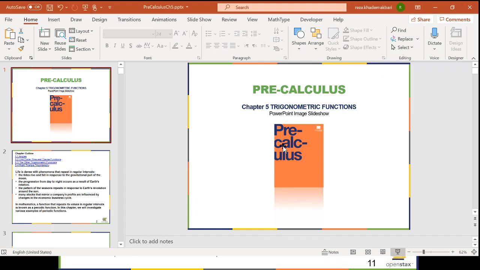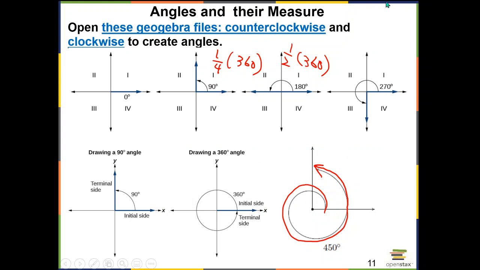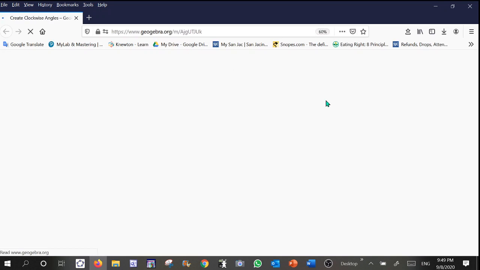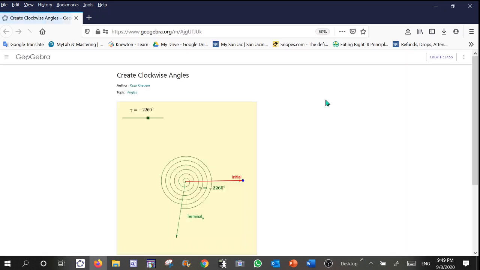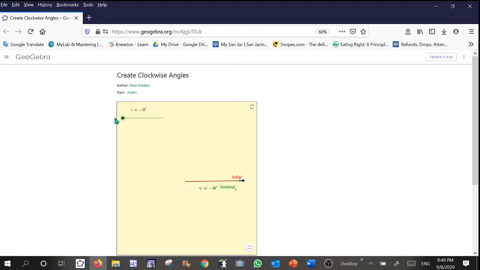We could also do it the other way around. Could also do it this way. And these are negative angles. There you go.